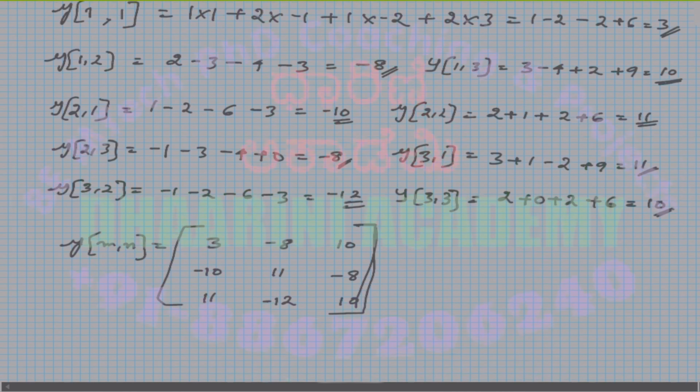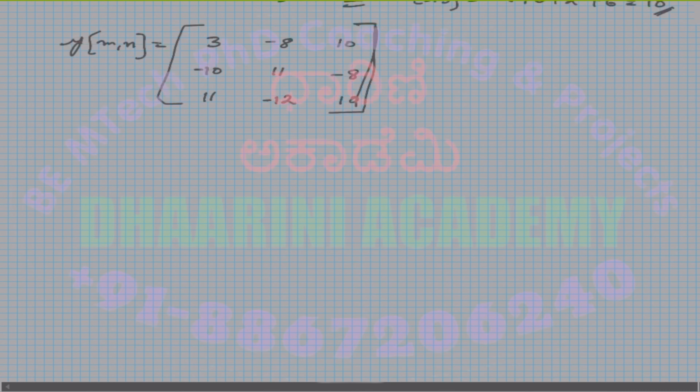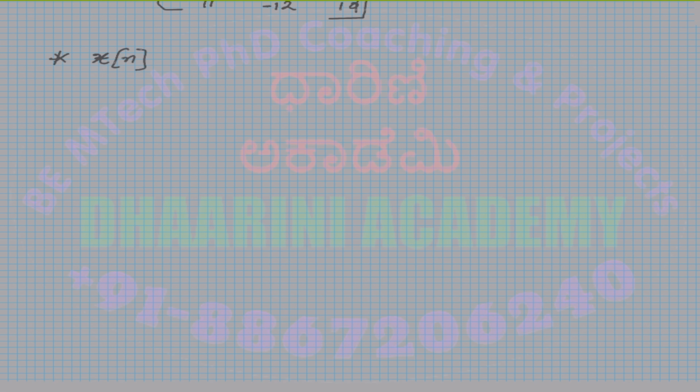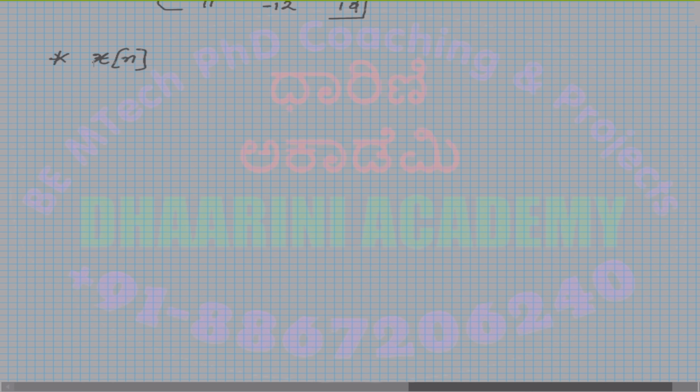So the next problem is this one. This is x of m comma n. It's a 2D function.